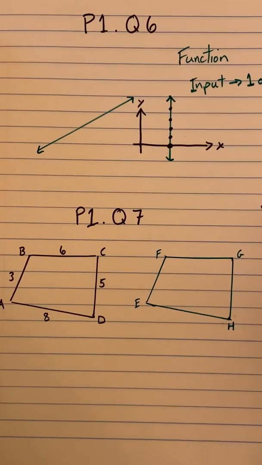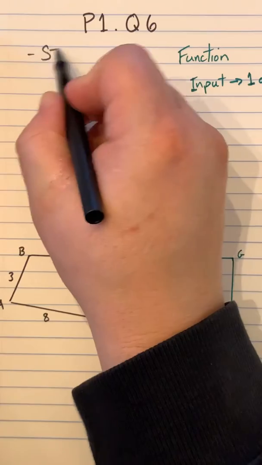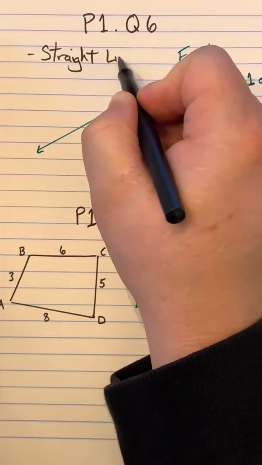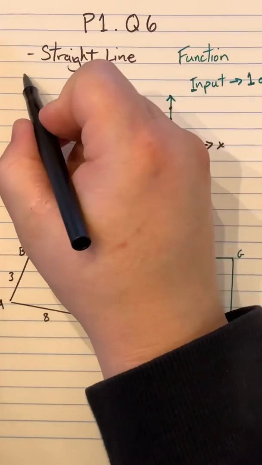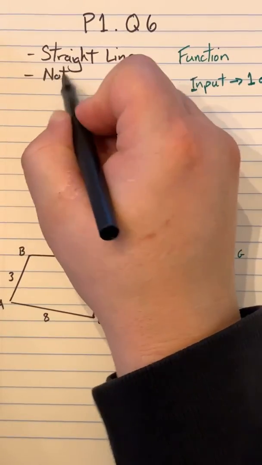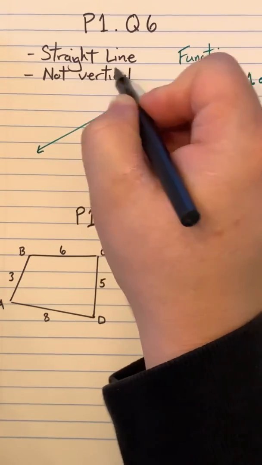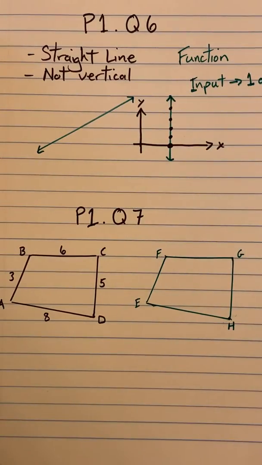So we're looking for a straight line. That's what linear means. And because it needs to be a function, it cannot be vertical. So anything that's not vertical will work, okay?